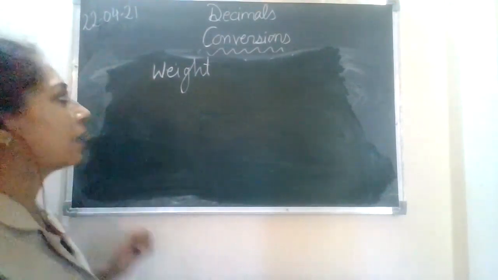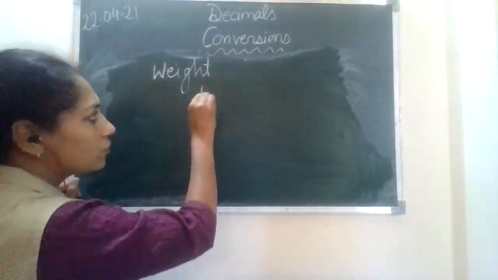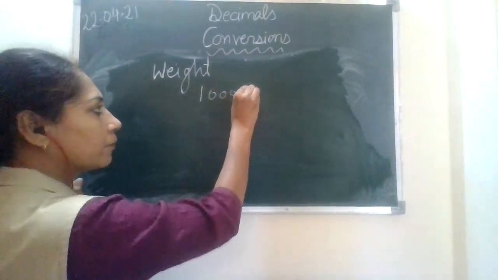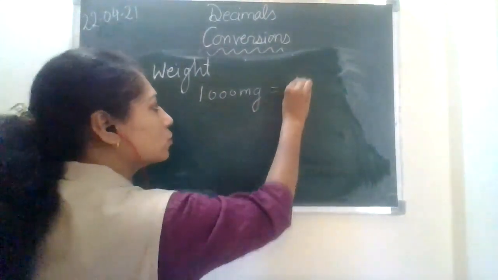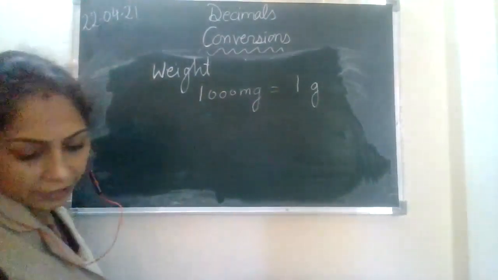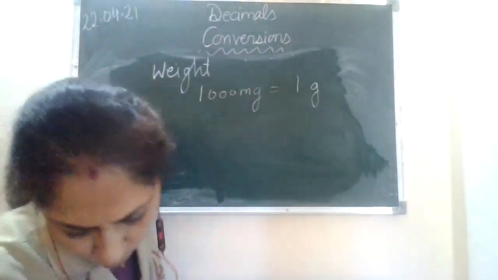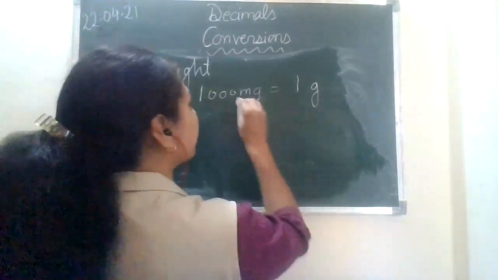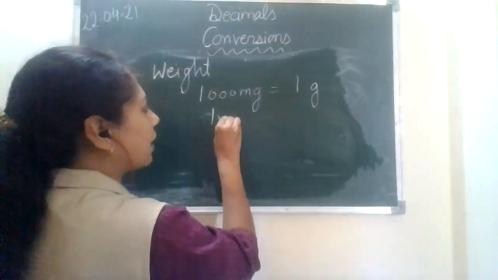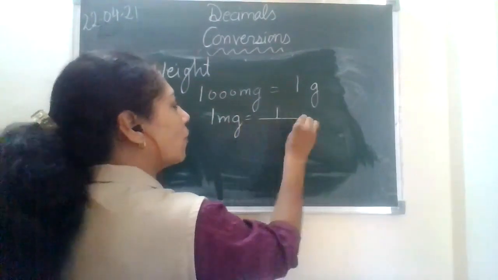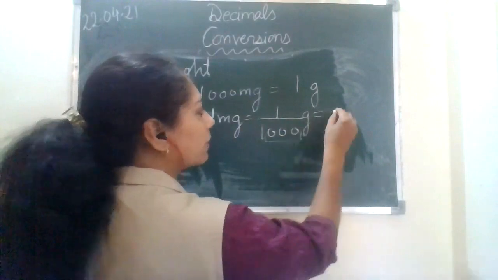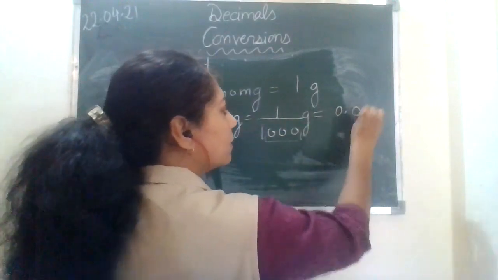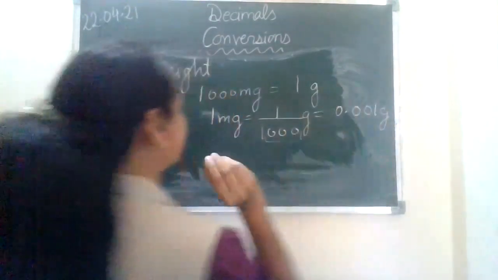So 1000 milligram is equal to 1 gram, or you can write 1 milligram is equal to 1 upon 1000 grams, and with 3 zeros you can place the decimal accordingly.